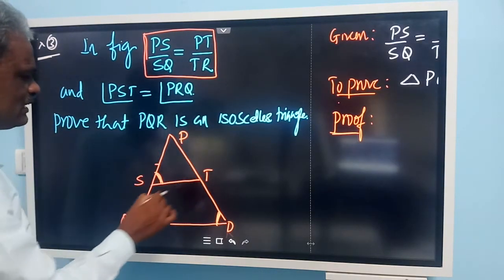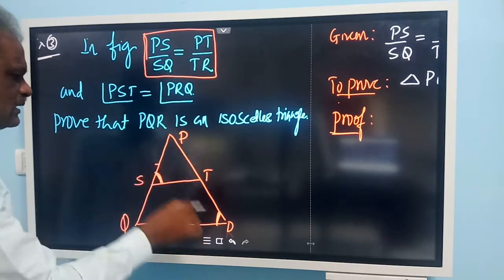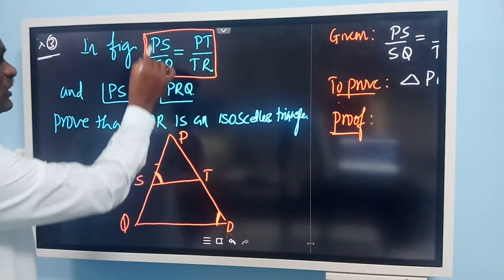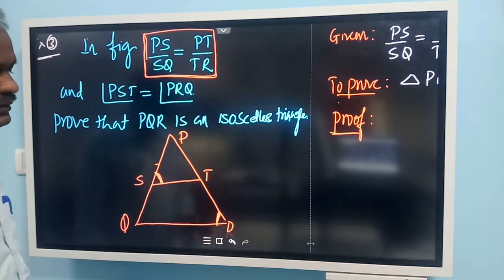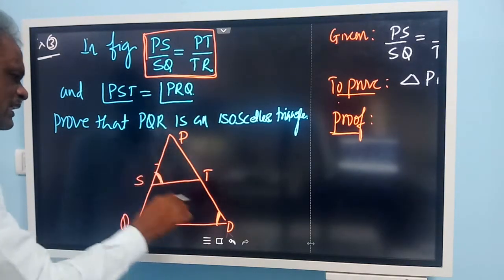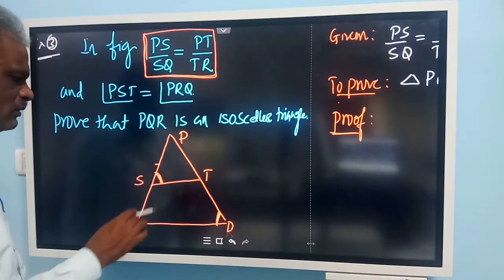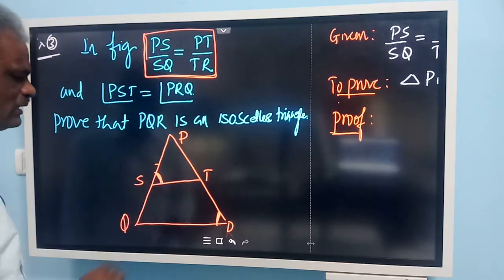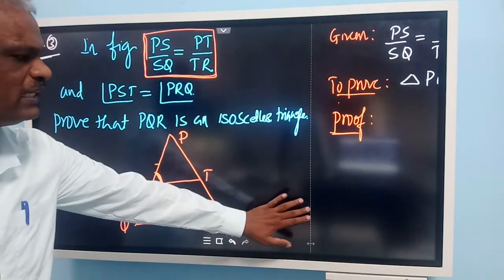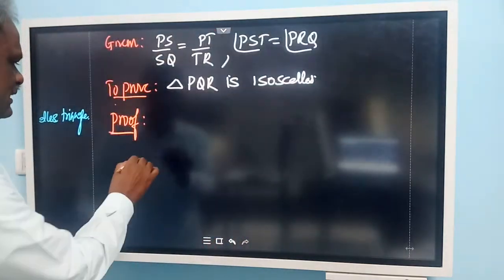Here is a line ST dividing the two sides of this triangle in the same ratio, PS by SQ and PT by TR. So this line divides the two sides in the same ratio. Therefore, this line must be parallel to the third side. That means ST must be parallel to QR. This is by converse of Thales theorem.